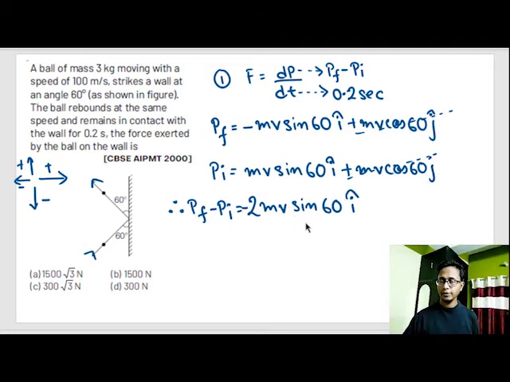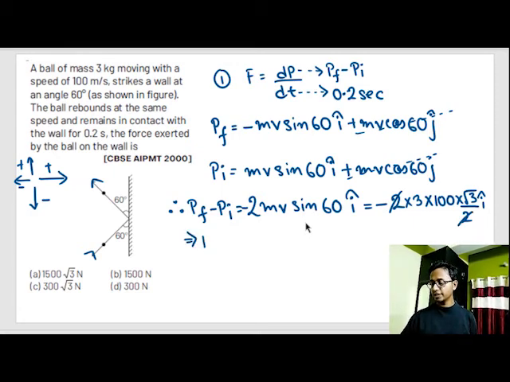Let's simplify this. What is m? m is given as 3 kg. v is given as 100 meter per second. Sin 60 is nothing but root 3 by 2, and i cap. Now this 2 and this 2 get cancelled. So final momentum minus initial momentum is equal to 300 root 3.